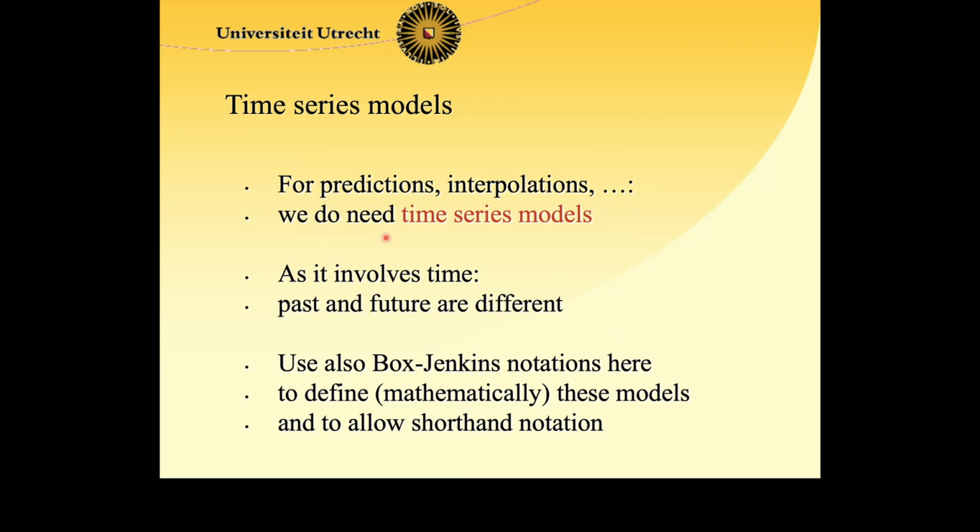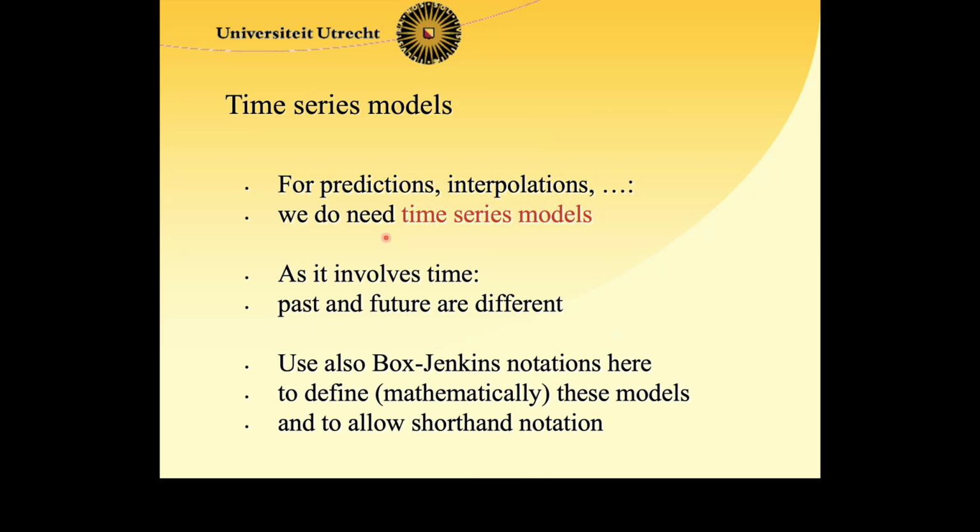So this is also the case here, and that means also that if you have, for instance, two variables, the cross correlation between time 0 of one variable and time 2 of the other variable is not the same as the other way around. So there is a causality in there. So our model has to have that arrow of time and causality in it.